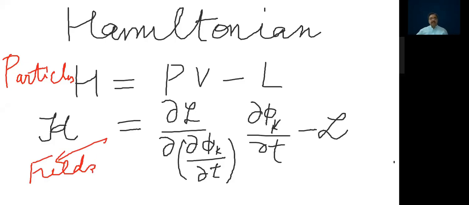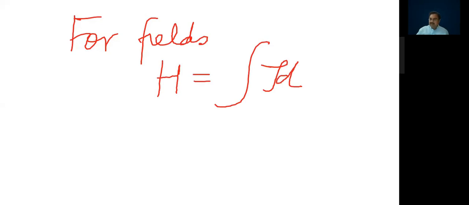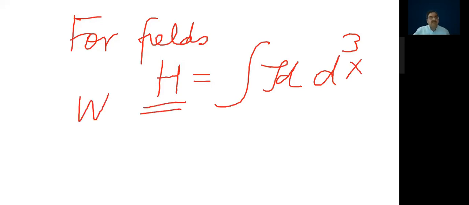We should also realize that we define the Hamiltonian density just as we define the Lagrangian density for the fields, and we have the same rule working, that for fields H is given as the volume integral of the Hamiltonian density, d3x. And here we know that H is a representation of the total energy of the system.